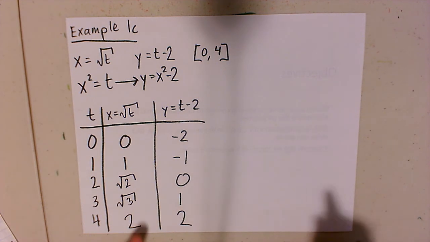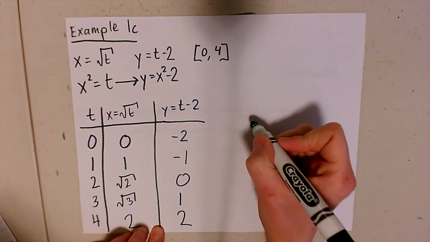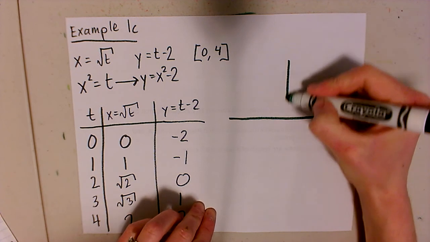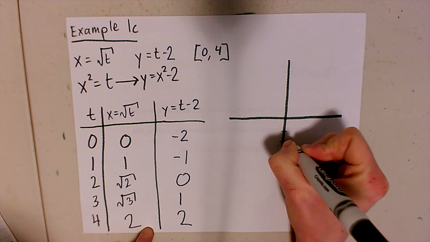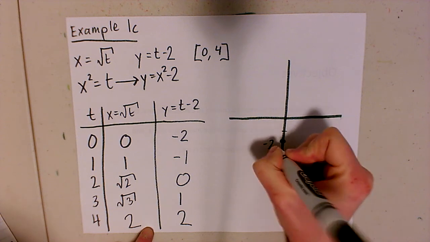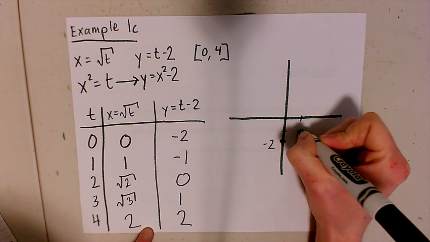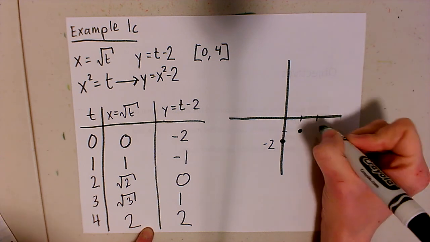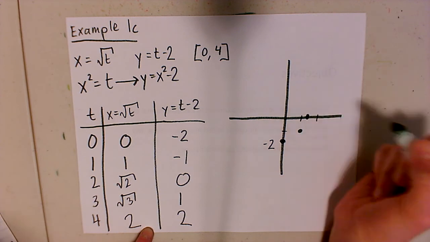Okay, so if we go ahead and plot these points, let's give ourselves a very basic graph. So first off, we'll have the point 0, -2, and then 1, -1, and then root 2, 0. Well, we know root 2 is about 1.4, so that'll be about here.